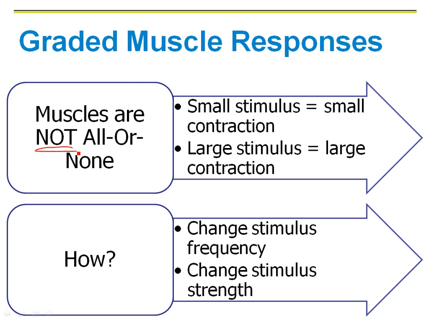You can also change how a muscle responds by something that's very similar to summation. I can make a muscle respond differently by stimulating it more and more frequently, so I can make it contract more times in a given time frame, or I can change the strength of my stimulus. I can give it a stronger stimulus.